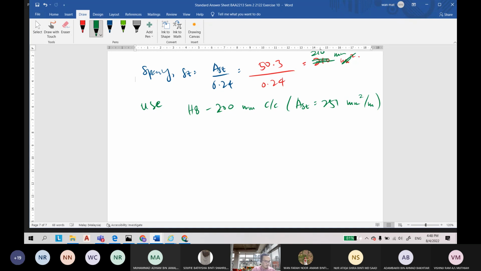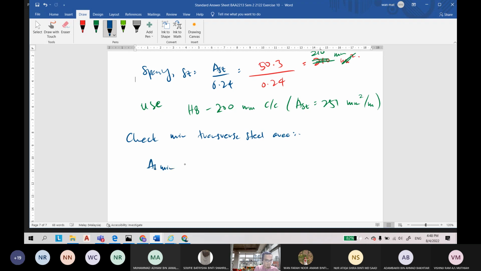Okay, and then the final step, we check for the minimum transverse steel area.